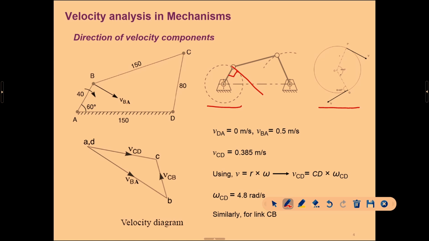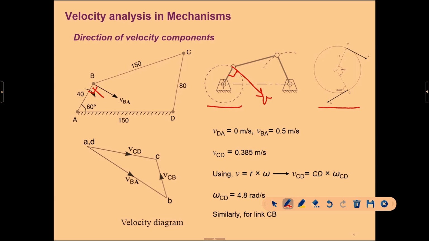So, implementing this concept to this link AB in this mechanism, the velocity of B with respect to A acts perpendicular to the link AB and tangential to the circle drawn through B with A as center.